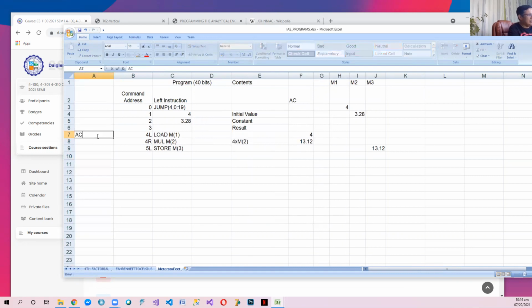This means AC receives M of 1. This means AC receives AC times M of 2. And then store M3. This means M of 3 receives AC. Do you follow?